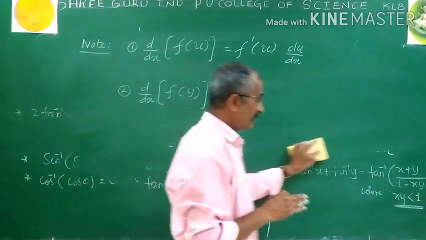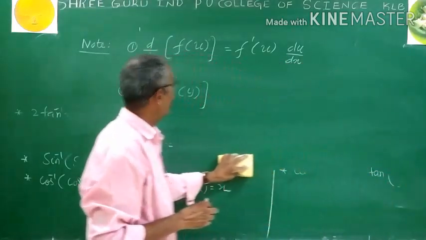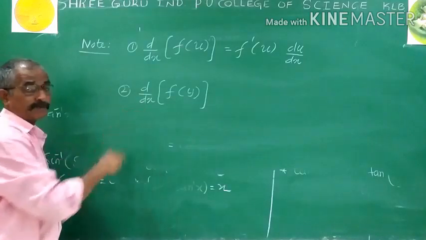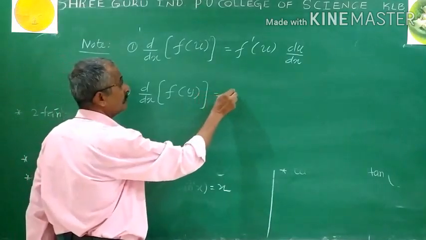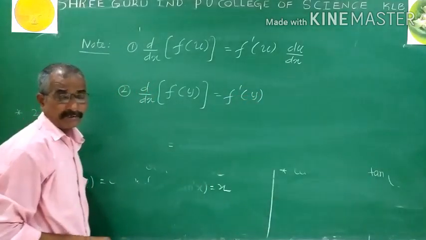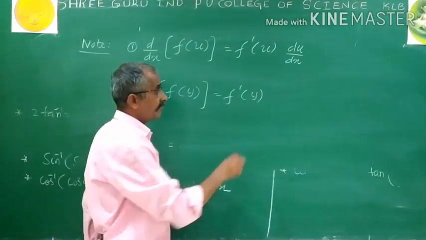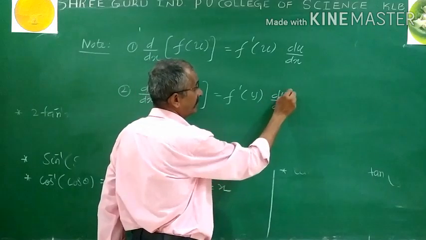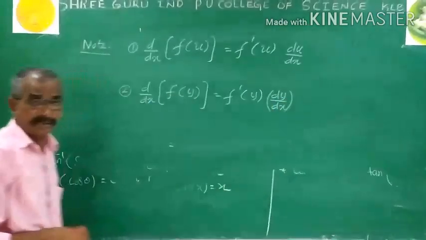But generally, understandably, y is a function of x. Now, the differentiation of f of y with respect to x is equal to f dash of y, not only f dash of y, multiplied by the differentiation of y, namely dy by dx. This care you must take very correctly.